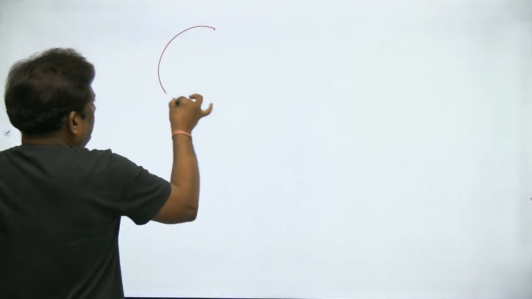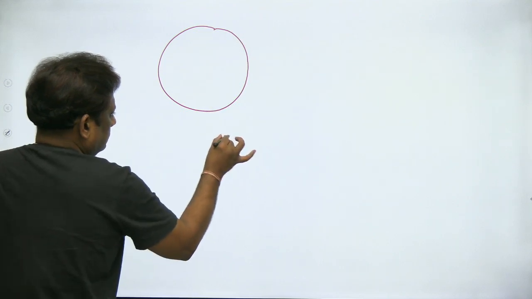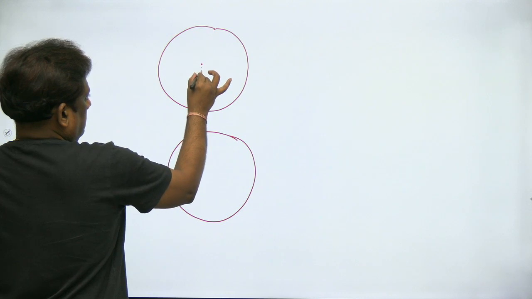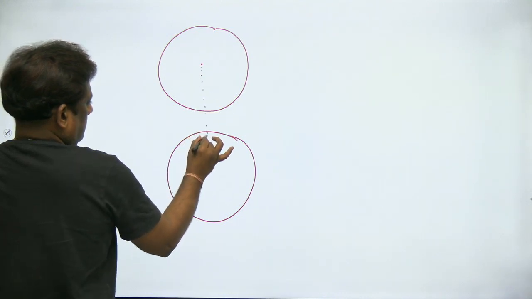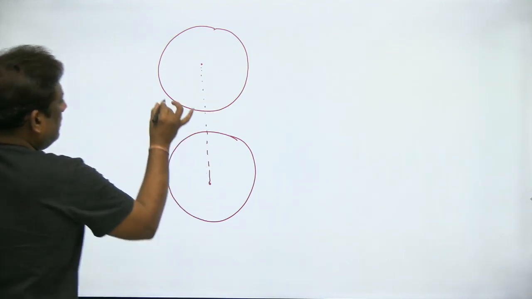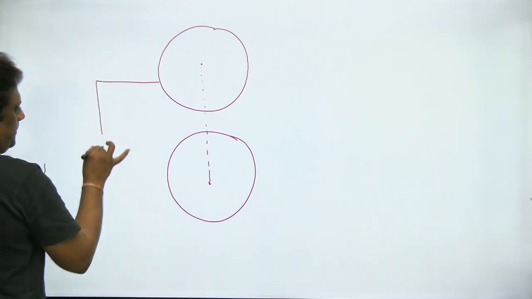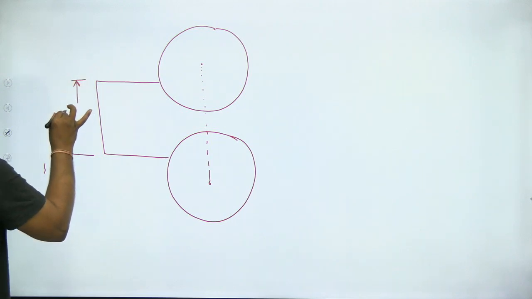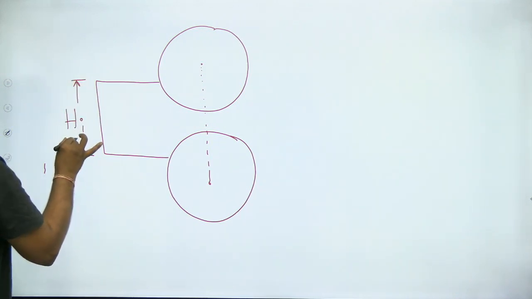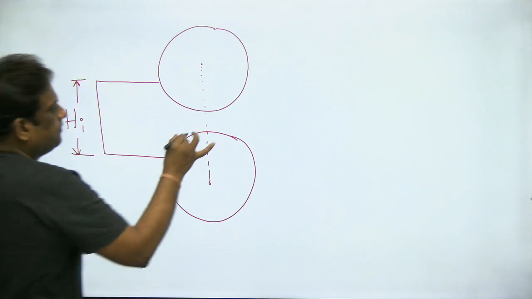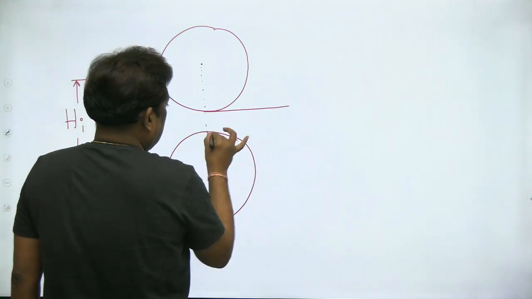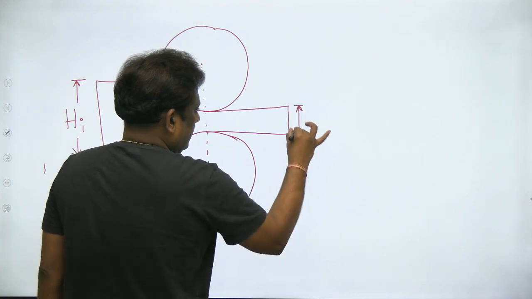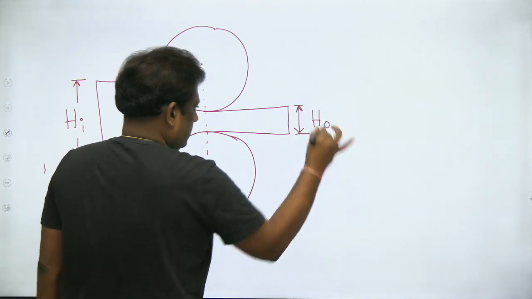Let us assume that these are rolls, and this is my component, and its initial thickness is, say, H i, the initial thickness. Then it is coming out, and this is the final thickness out.